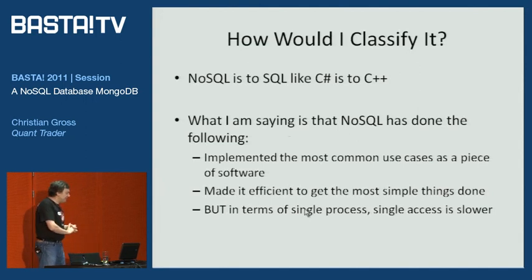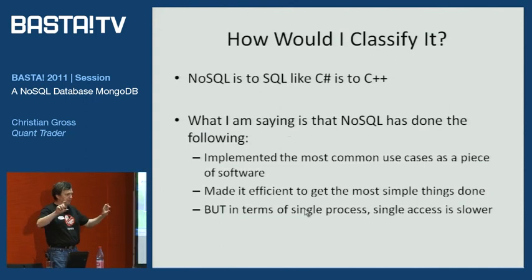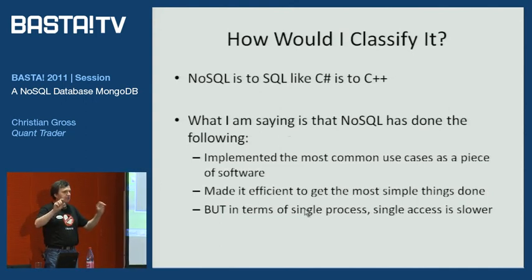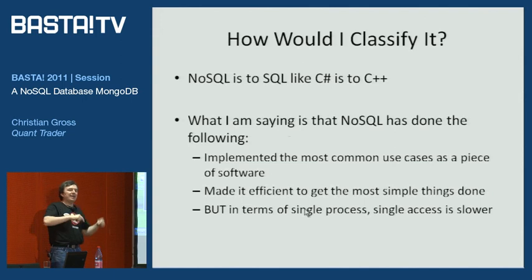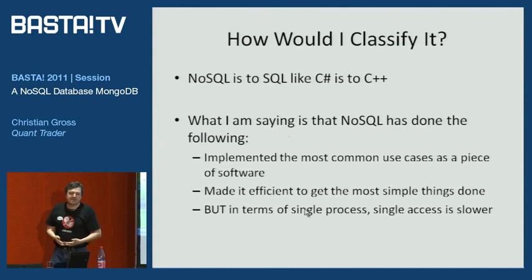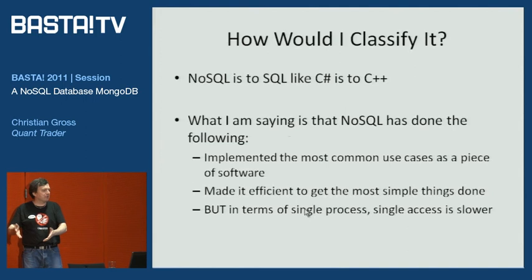The reason is that C++ solves a certain domain very effectively. Don't get me wrong, C++ is not a dead language. There are certain domains that C++ solves extremely effectively. I just don't happen to be in those domains anymore, and thus I'm saying, look, I don't want to use that language. I want to use C#.